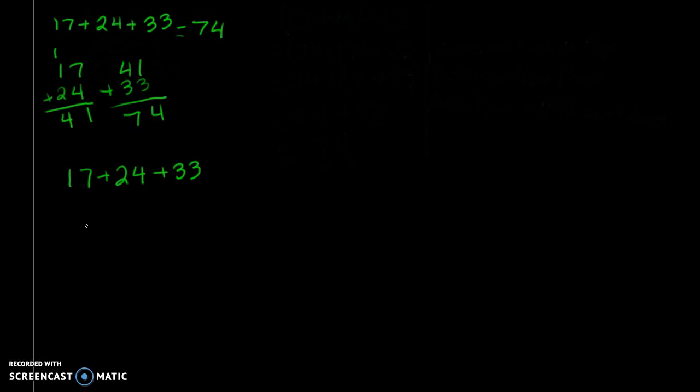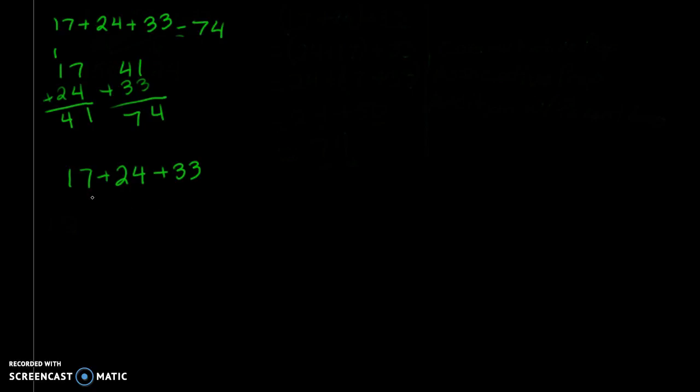And you want that because a multiple of 10 is going to have a 0 in the ones place, and that makes it easy to add. You know, we love adding 0 to something else. That's easy addition that you can do in your head. So we want to see if there is a way for us to manipulate this expression so we can make this easier with a multiple of 10.